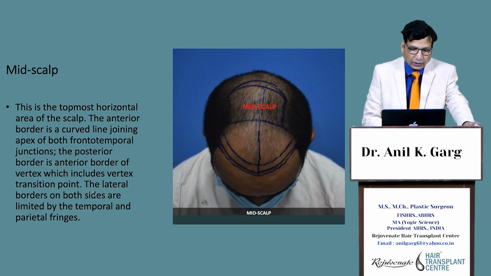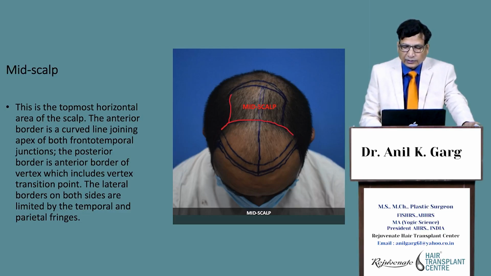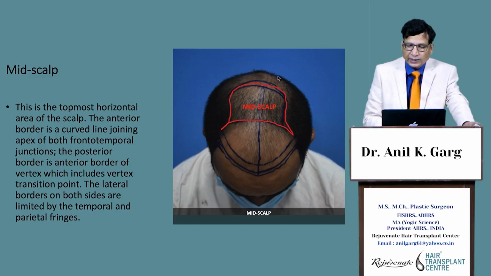The lateral borders on both sides are limited by the temporal and the parietal fringe. This is the mid-scalp area. Anteriorly is the frontal part, posteriorly is the vertex or the crown, last boundary is the vertex transition point and both sides temporal fringe and the parietal fringe.